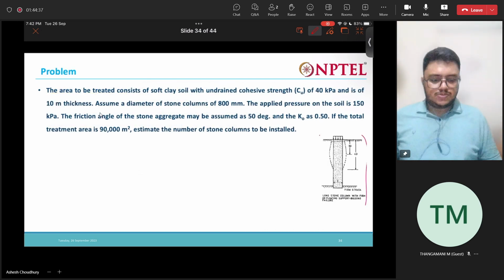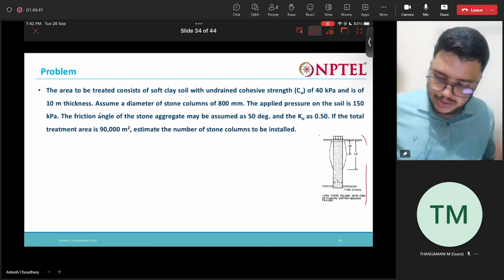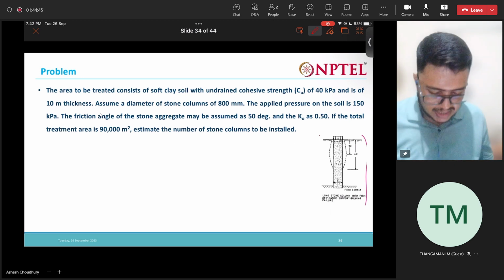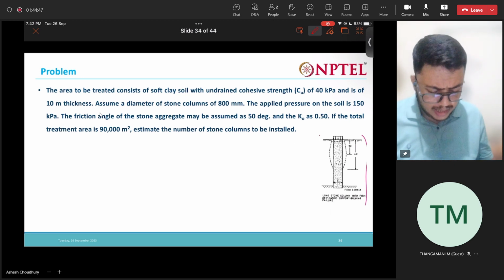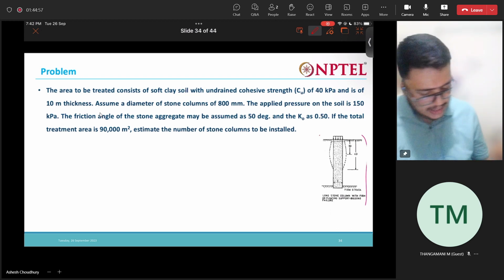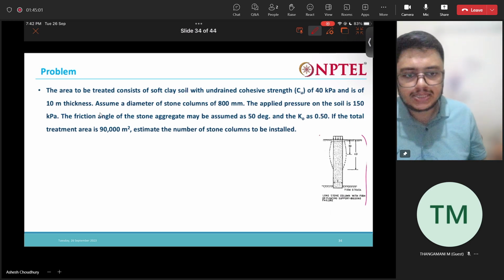Now let us come to this problem which was given. The area to be treated consists of a soft clay with undrained cohesive strength Cu of 40 kPa, and the thickness of the clay layer is 10 meter.